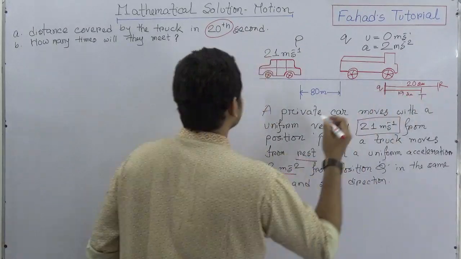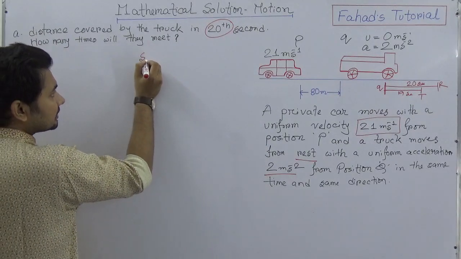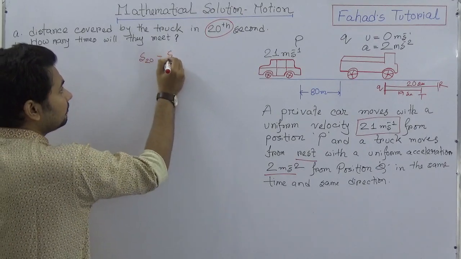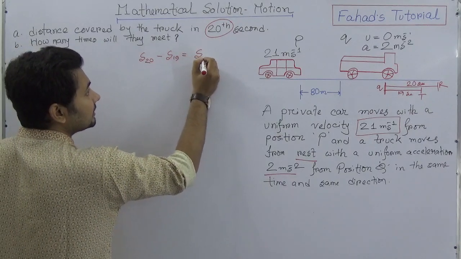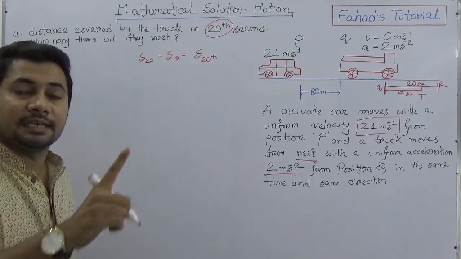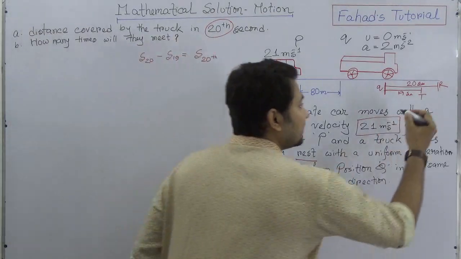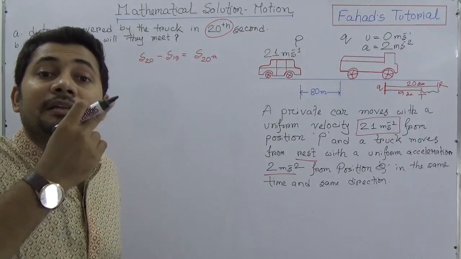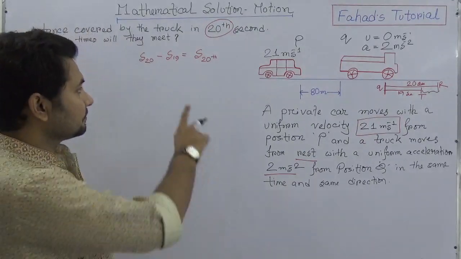So if we deduct the distance covered by the truck in 19 seconds from the distance covered in 20 seconds, then the distance we find is the distance covered by the truck in the 20th second, that means in that 1 second. So the distance covered by the truck from T to R is the distance in 1 second, and that is the 20th second.